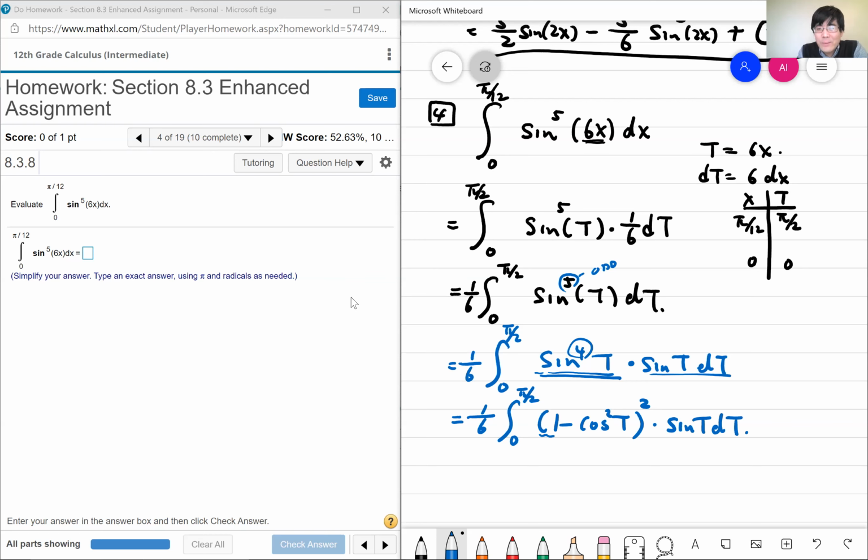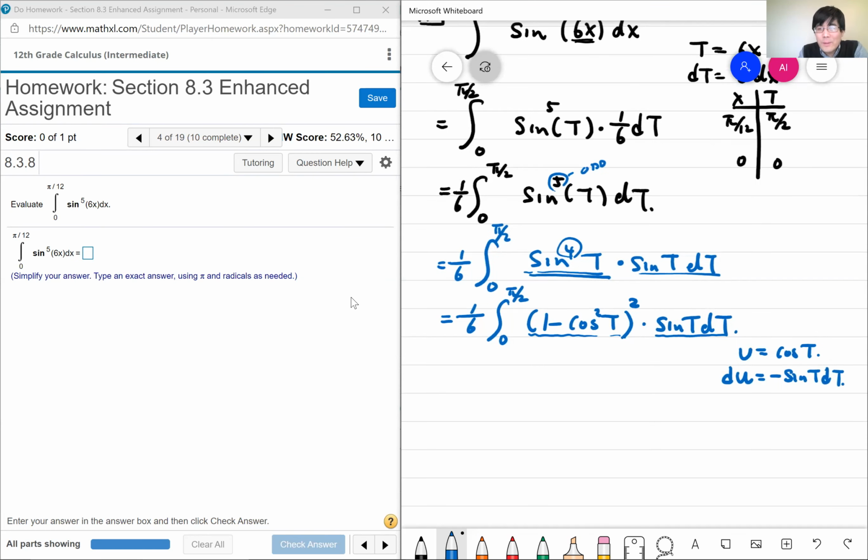Now you have a function of cosine t, and its derivative is here. So let u is equal to cosine t. Then du is equal to minus sine t dt. Because this is a definite integral, you can just change it to u values.